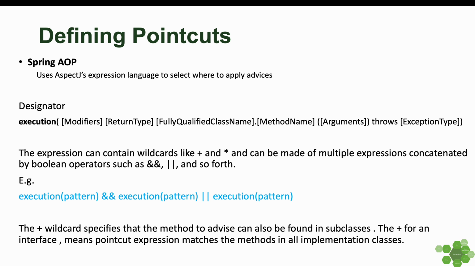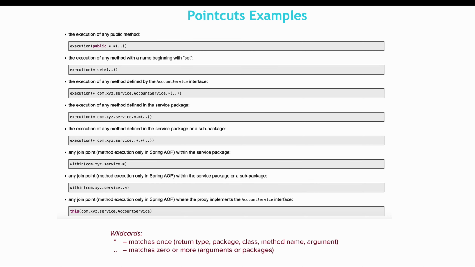If you have a pointcut expression pointing to a method in an interface and you see a plus, it means the expression matches all the implementations of that interface, or you can say implementation classes.